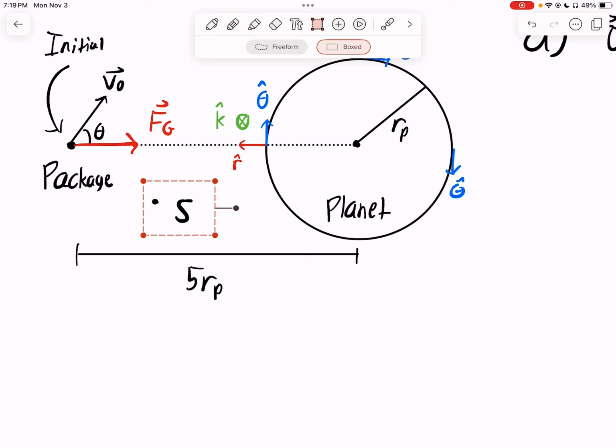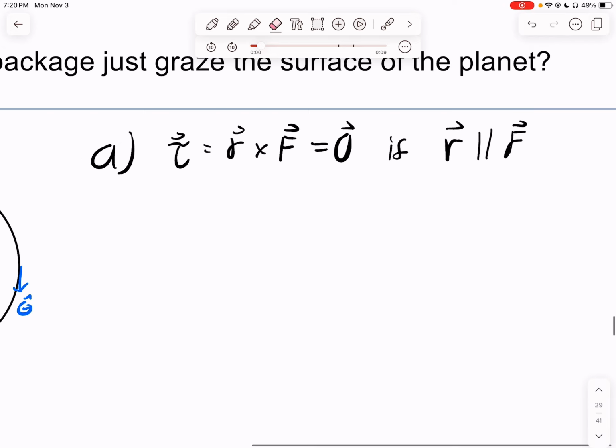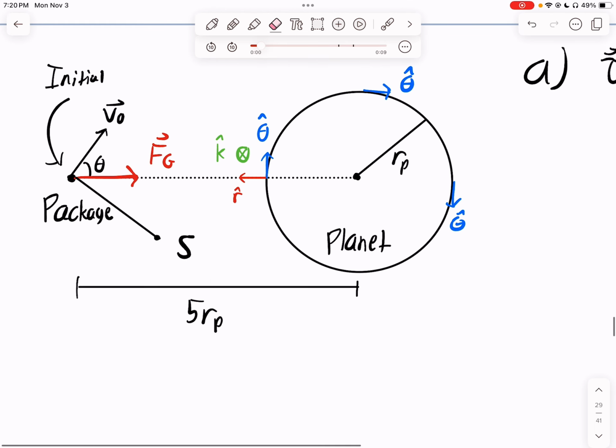But if we place it here, your R vector will be pointing from this pivot to the package, and clearly, my bad, clearly, they are not parallel. So the cross product is non-zero. That doesn't work out. There's going to be torque changes.